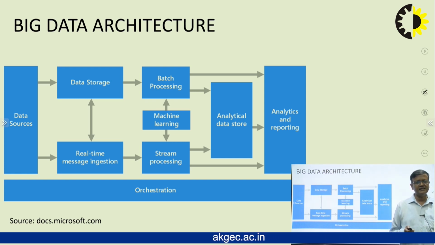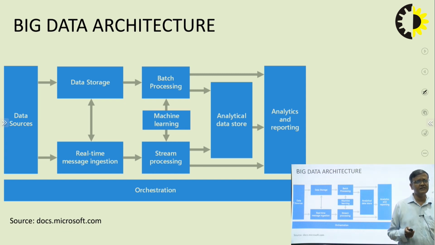Starting with, we have got the data sources which is fed into data storage and the real-time message ingestion component. Now, there is a bidirectional flow of data between data storage and real-time message ingestion. The data further flows from data storage to the batch processing component and from the real-time message ingestion to the stream processing component.